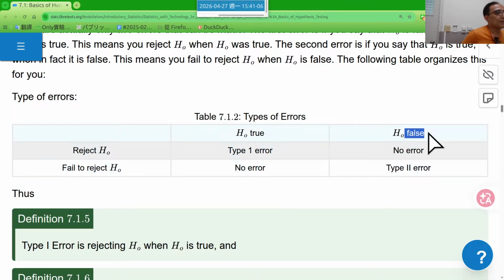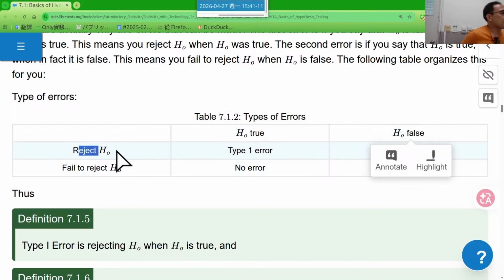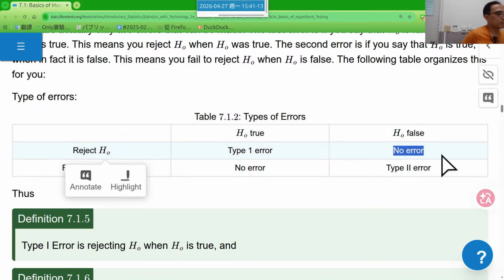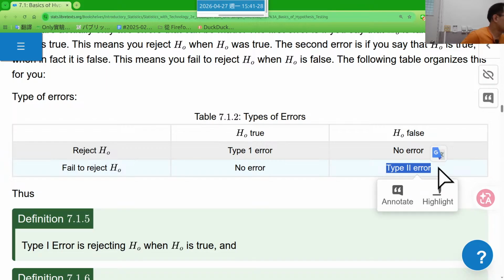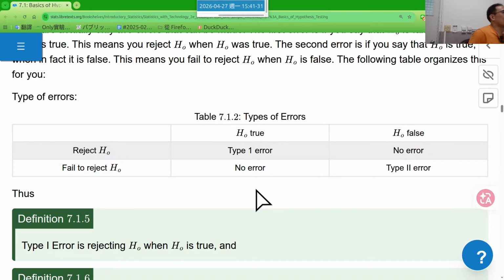If the null hypothesis is false and you reject it, there is no error. Instead, if the null hypothesis is false and we should reject it, but we didn't, that is the type 2 error. I know it's not easy to memorize so much information, but don't worry. As we move on, you will see more.